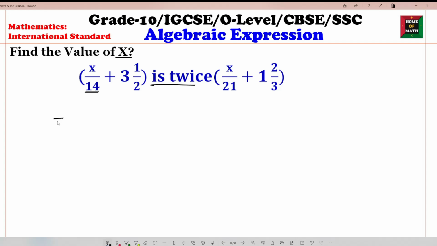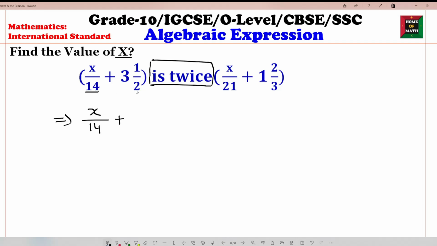Once we make an algebraic equation, we have to know what it is saying. Here it says twice. It means this expression x divided by 14 plus 3 and 1 by 2.